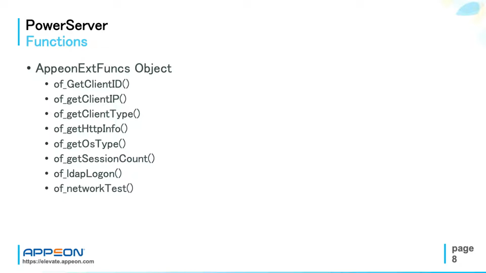Network test is a kind of speed test which gives you feedback about the quality of the communication, and getCacheDir, which gives you a reference to the actual sandbox of the web app or mobile app.